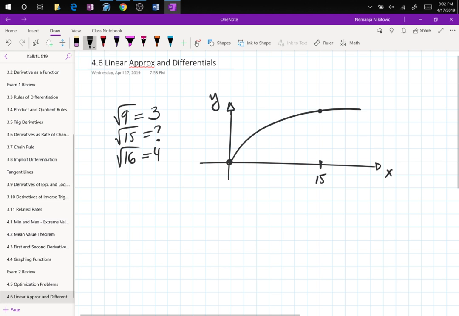But the solar flare killed all the electronics. What do we do? Well, you go to the closest number on the x-axis that you can compute without technology. In this case that would be 16, the neighboring number. So you go to 16, and then you compute the tangent line at 16.